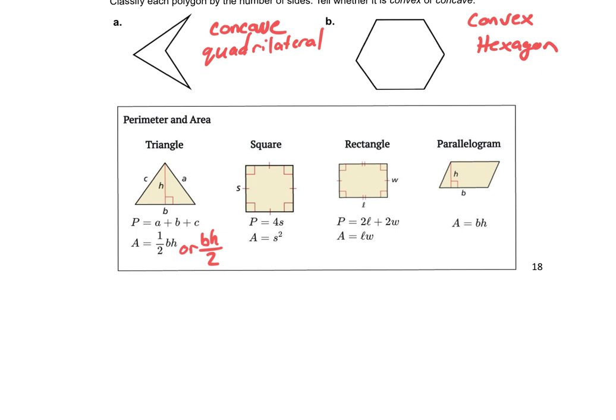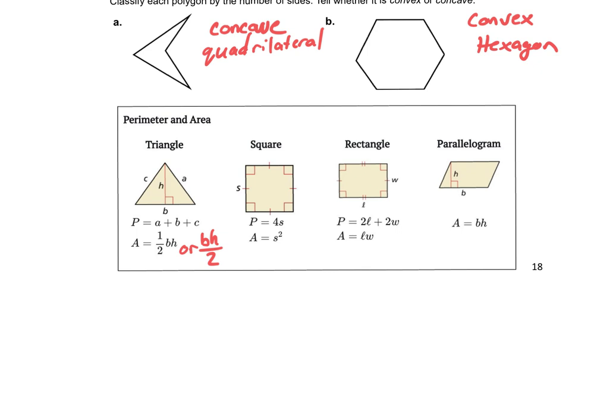Now, going back to square, a square is a specific type of rectangle, but what's special about a square as opposed to a rectangle? What makes a square special? All the sides are the same, okay? So instead of saying 2L plus 2W, which would still work, because all four side lengths are the same, I could just say 4 times S. So if this was 8, I could do 4 times 8, and that gives me my perimeter.